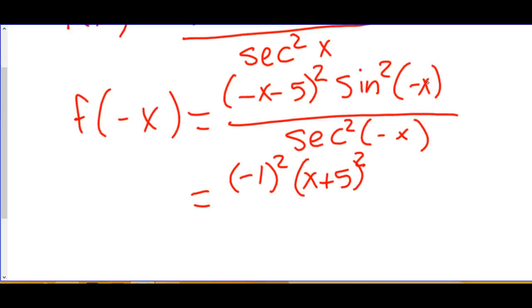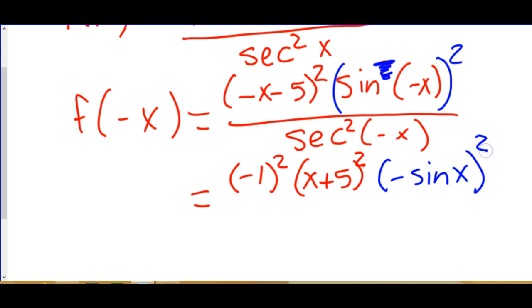Now since it's squared, with trig functions, when we're using exponents, it's easier to put parentheses around the whole thing and write the exponent on the outside. The reason mathematicians don't usually do that is because you could assume just the x is squared, but that's why we have parentheses around the whole thing. And the reason we do that is because now when we rewrite sine of negative x as negative sine x, we can see we're squaring this whole thing, and we know a negative times a negative will come out positive.